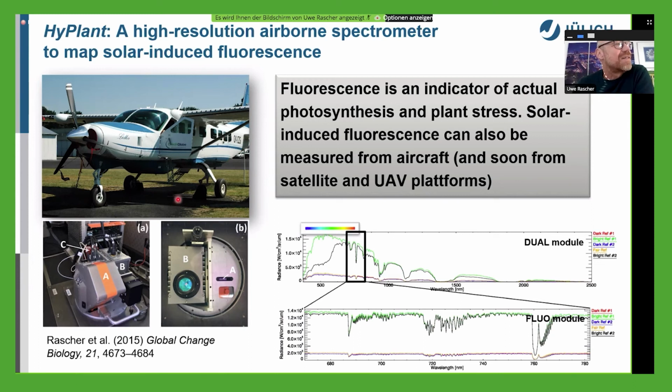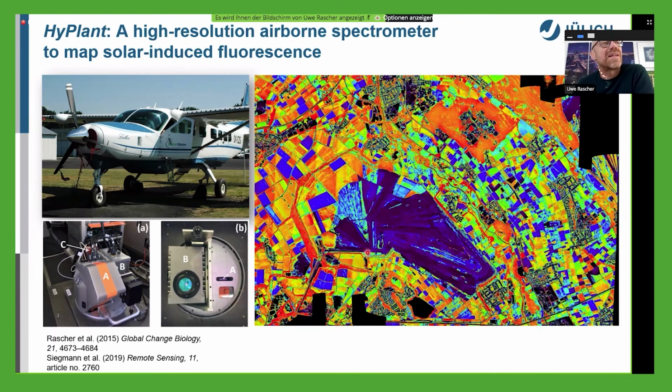One part is to move down using aircraft. This is one picture of our research where we have a demonstrator of the satellite mission implemented in an aircraft, measuring according to the same measurement principle as the future satellite mission. And by this, we can already get down to the resolution of a few meters, resolving photosynthetic efficiency, really actual photosynthesis on the scale of single fields and below.